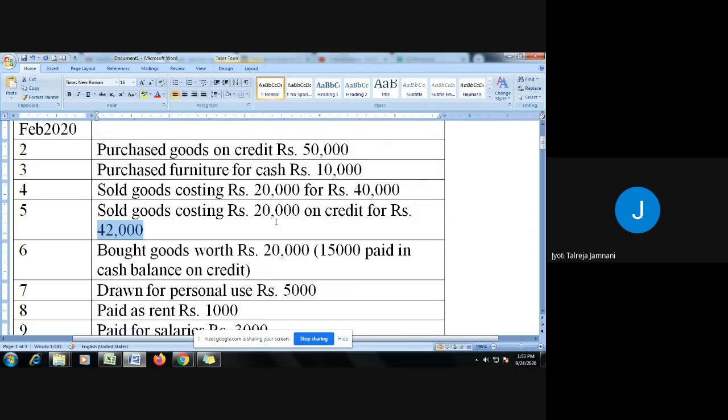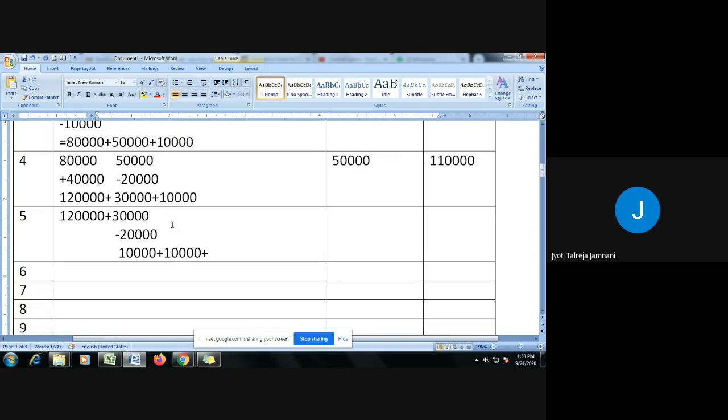42,000. See, we are doing the fifth transaction. We have sold goods of 20,000. So from purchases, we minus 20,000, and he has given us 42,000 on credit. He has to give us 42,000. So under debtors, I will add 42,000. Now if I total my assets, 1,20,000 cash plus 10,000 purchases, that is 1,30,000, plus 10,000 furniture, plus 42,000 debtors, that makes 1,82,000.